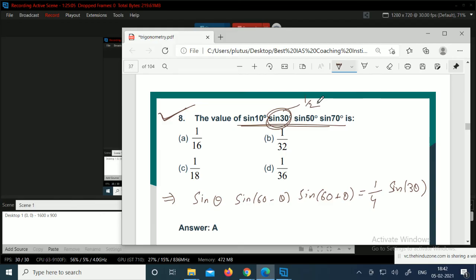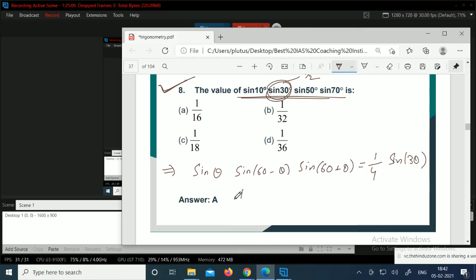So if I put sine 30 equal to 1 by 2, the other left out value is sine 10. And can I write 50 as 60 minus 10, sine 50 and sine 70 as 60 plus 10? So we can use this formula.